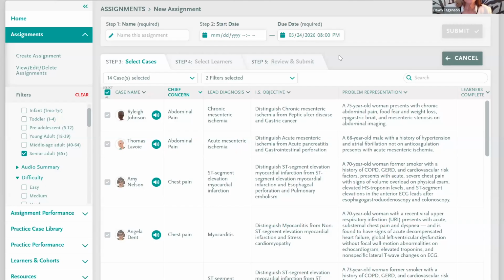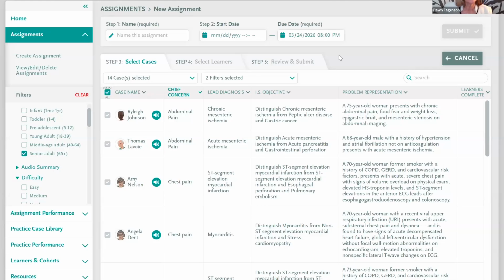So when we're looking at the differentials that the learner picked versus what the expert picked, we also use probabilistic reasoning to say at this stage of the case, maybe it was 20% likely COPD, but why? Maybe it was 30% likely something else, but why? And then we break that down for each stage of the case. So the story really unfolds when you're looking through the information at the end of a case.